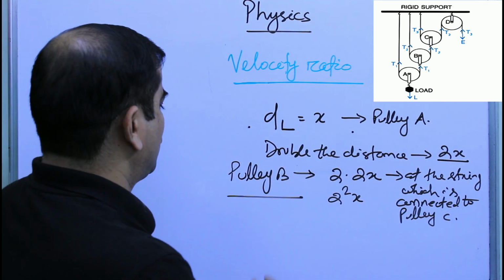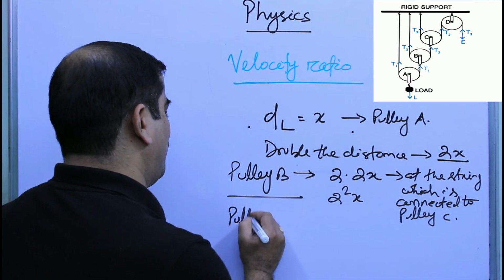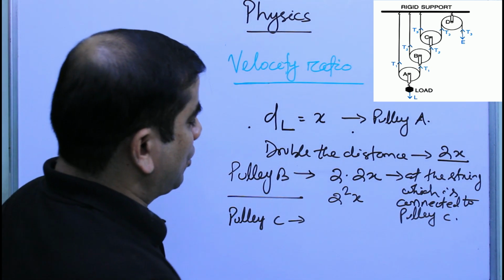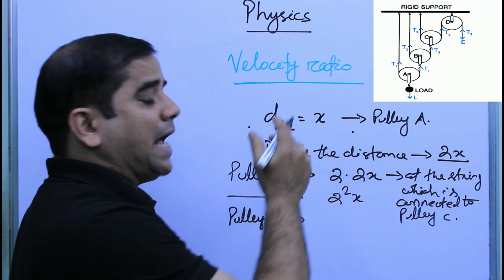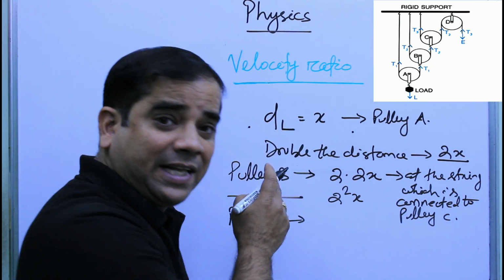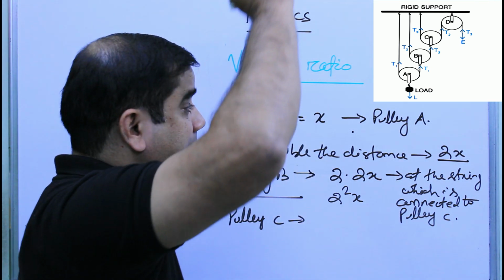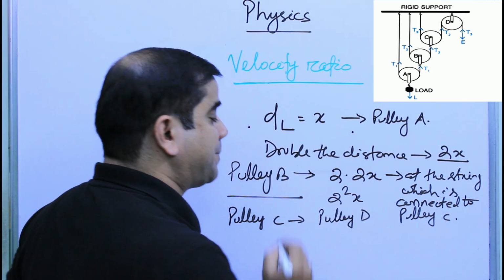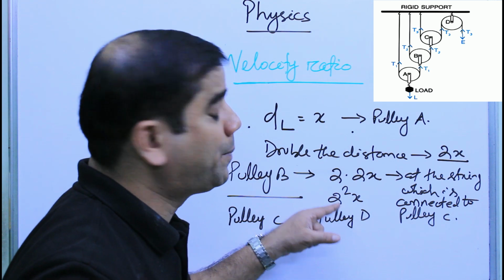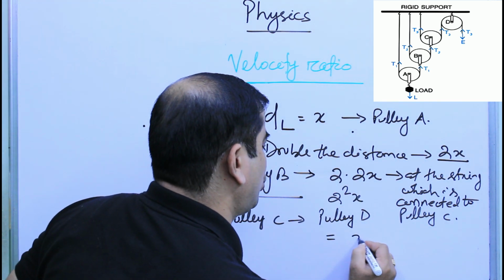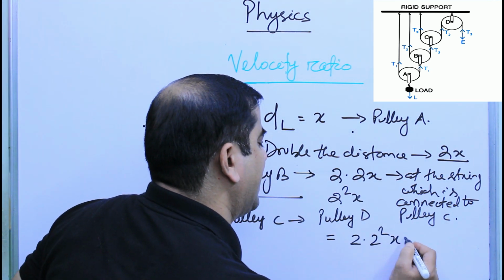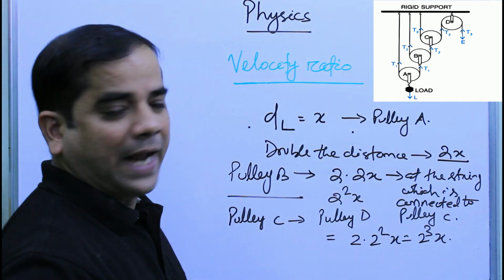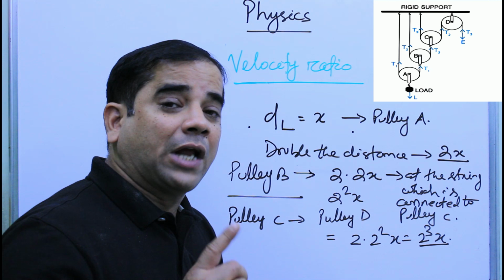Okay. Fine. So what is happening over here at pulley C? Again the same thing happens at pulley C. The string that goes through pulley C and is connected to pulley D has a displacement double the value of 2 square x. That is equal to 2 into 2 square x, or that is equal to 2 cube x. Okay. Now where do we put our effort?